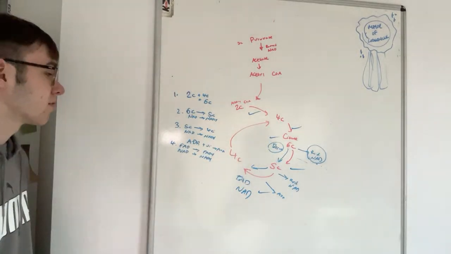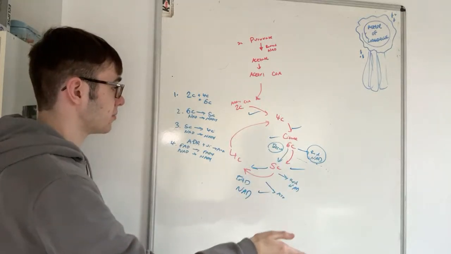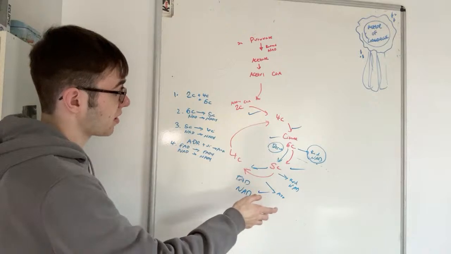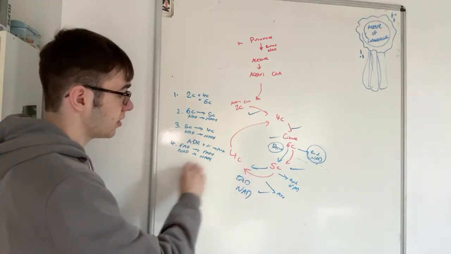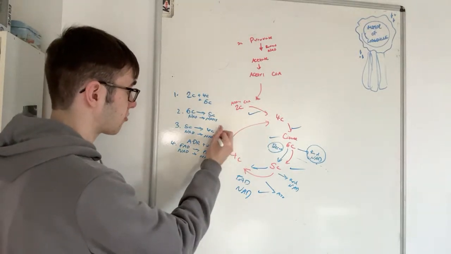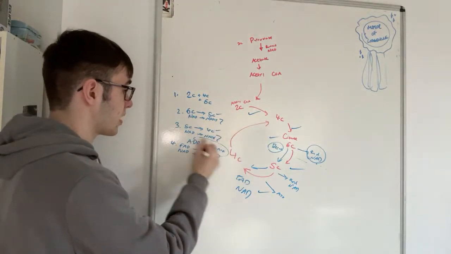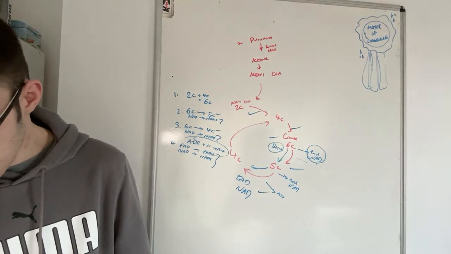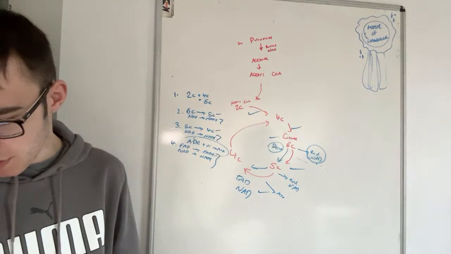So that is it. All you have to do is specify reduction, reduction, reduction, decarboxylation, gain of ATP. Nice. So that might have been an easy 6 marks, honestly, depends.